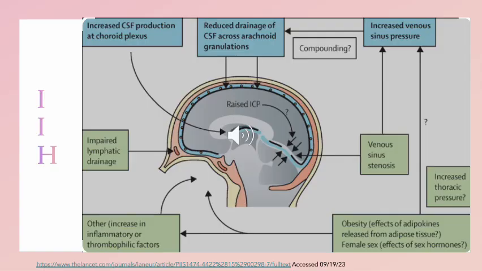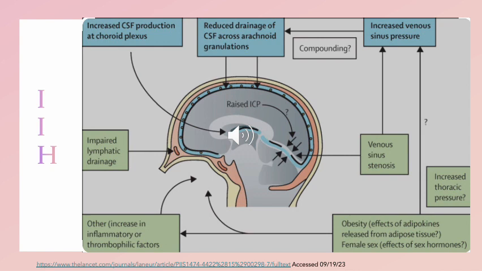This is just a graphic that further explains a little bit more about what's happening. You definitely don't need to know anything more than young, obese female with papilledema for testing purposes, but if you're interested, you can just look at this for the purposes of better understanding what IIH is.